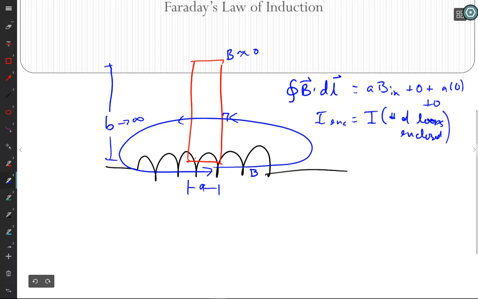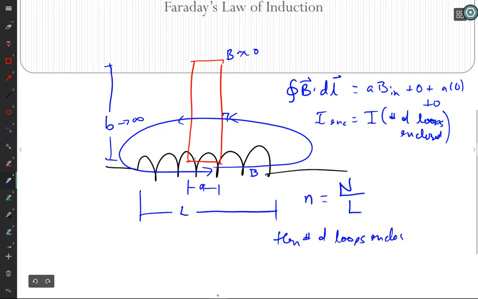To determine that number of loops enclosed, we said, if lowercase n is equal to the total number of loops divided by the total length, then the number of loops enclosed will be equal to the length A, the width of my little box, times n.